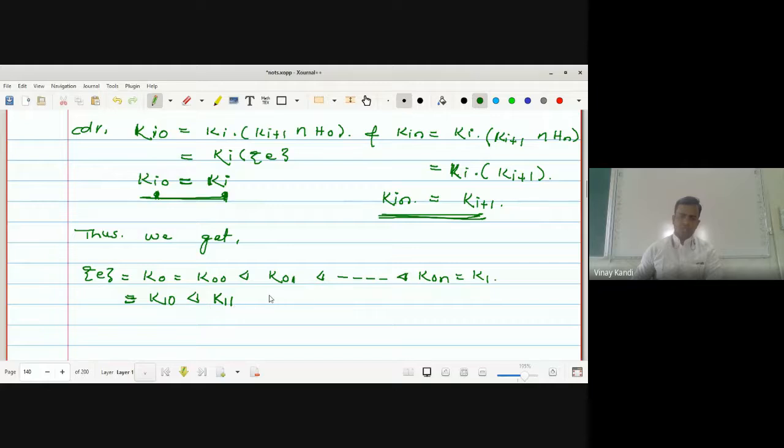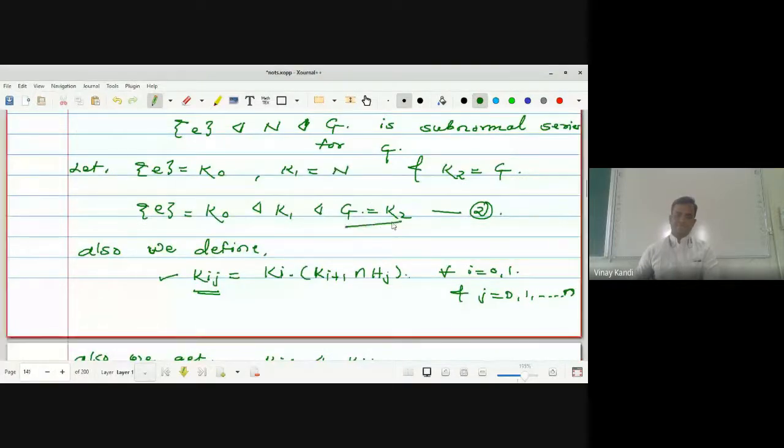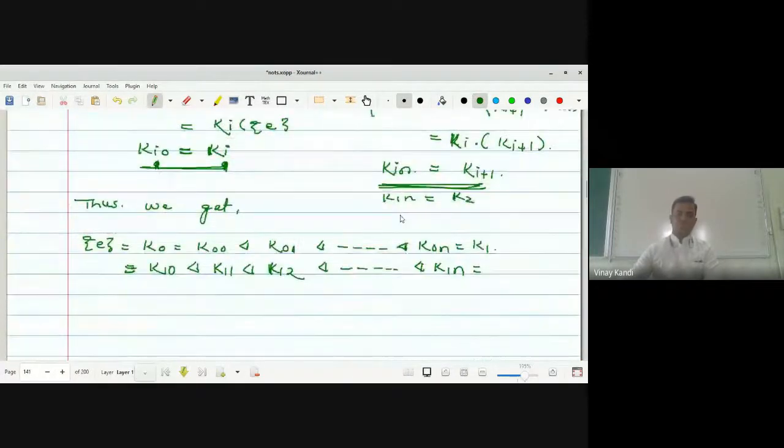Here what will happen, it will run again, K12 up to and so on, up to K1n, which is equal to K2. What is K2? K2 is G, which is equal to G.